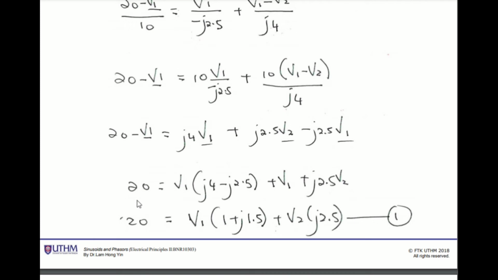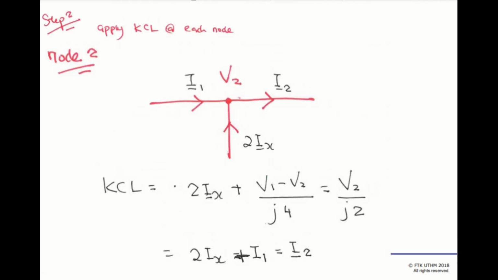So we need to find another equation from node 2. This is node 2, where we put V2 at the node here. There's the current from V1 over here, we call it I1, and we have another current over here, the dependent current 2Ix, and we need to assume another current that goes to the ground, and we call it I2.